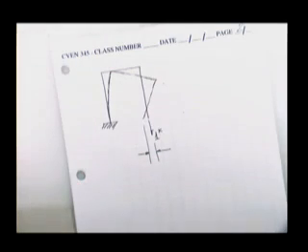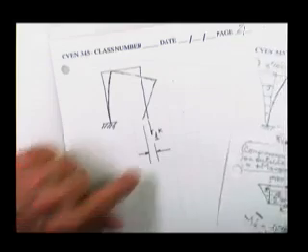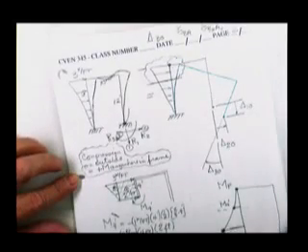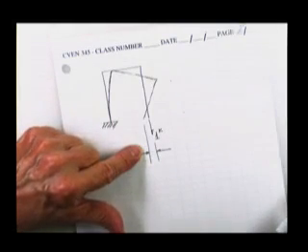Let me go back to the original picture. Here's the original picture. What is this deflection right here? What is his name? Delta 2, 0? Well, no, it won't be 0, because this is not a real load. This is a unit load.